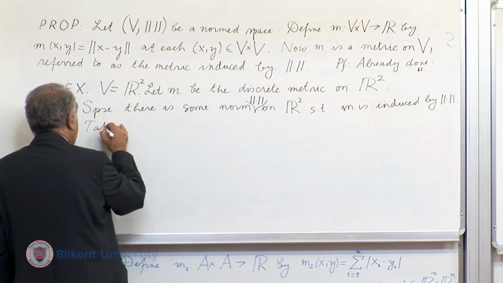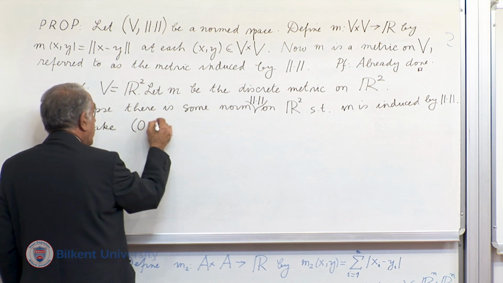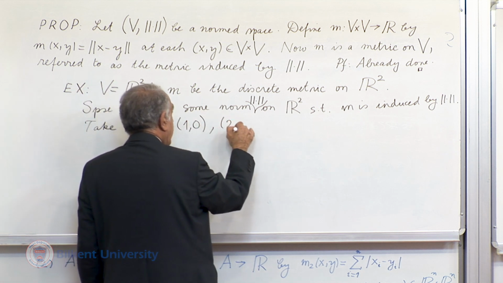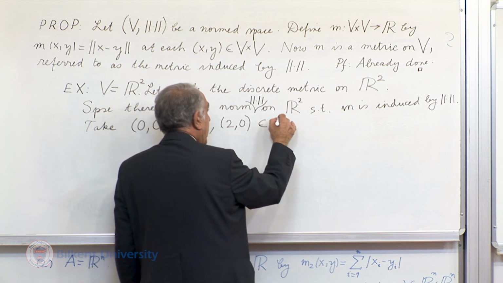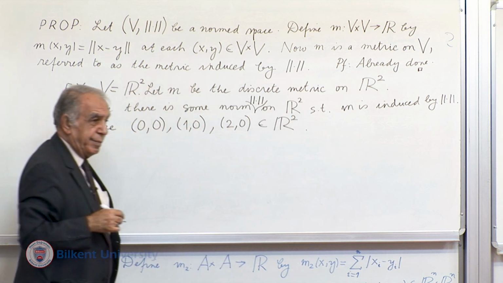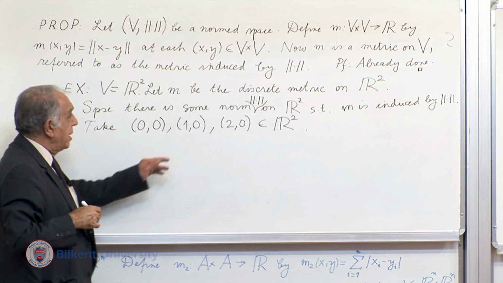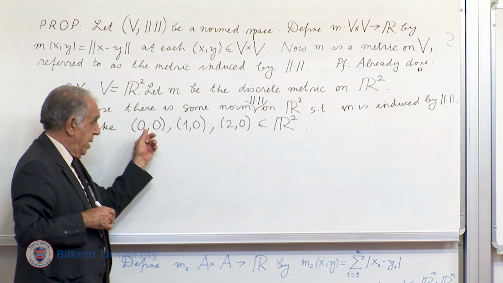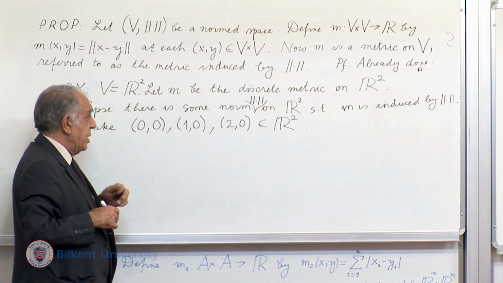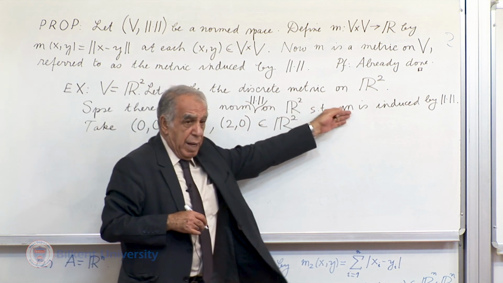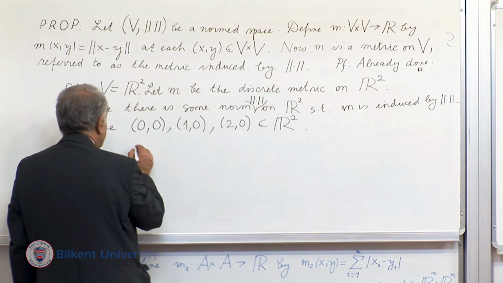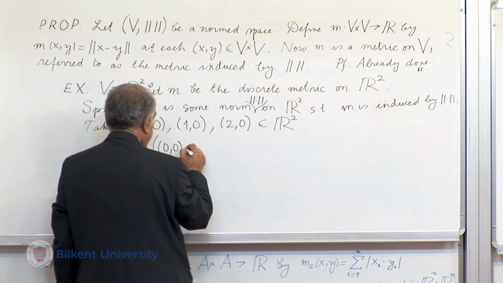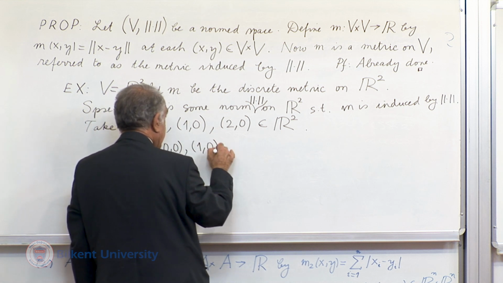Now, let's consider the following. Take (0, 0), (1, 0), (2, 0). They're all in R2. Now let's consider the distance between these, both of these from (0, 0), according to M. Now, M of (0, 0), (1, 0).